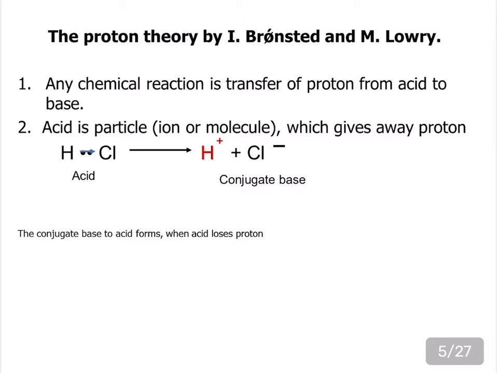Acid is a particle, it may be an ion or molecule, that can give away a proton. For example, hydrochloric acid during dissociation forms one proton and a chloride ion. That's why hydrochloric acid is an acid.